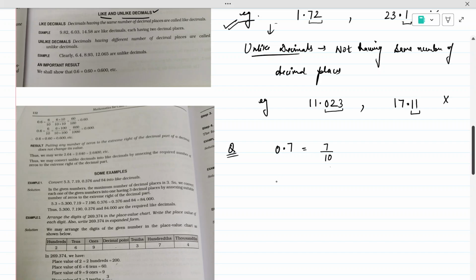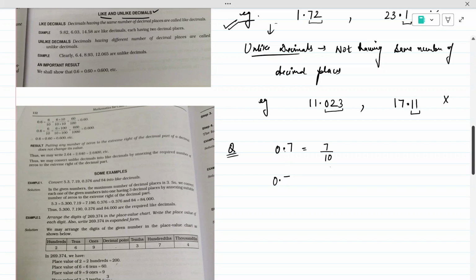Also, after the decimal point, if we do not have any number followed by it, we can put any number of zeros. Here in this particular case, after the decimal we have only one digit at the tenth place, and that is 7. And we can represent it in the form of the fraction 7 by 10, right?